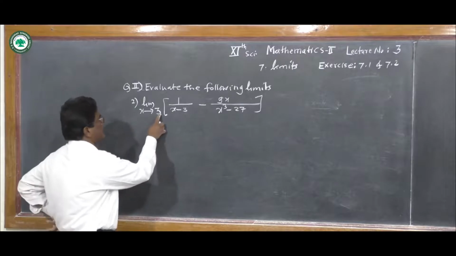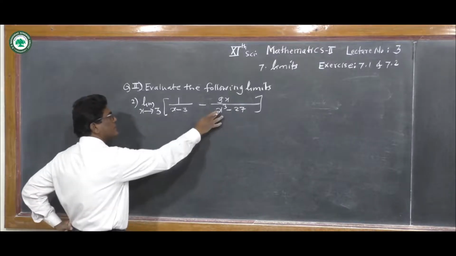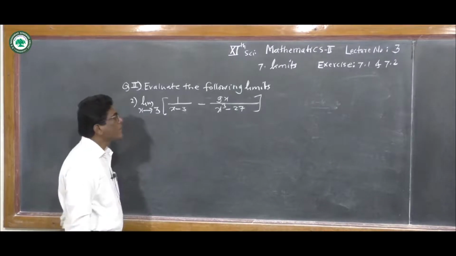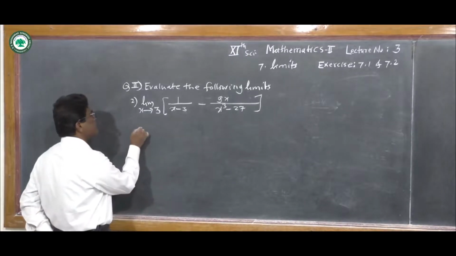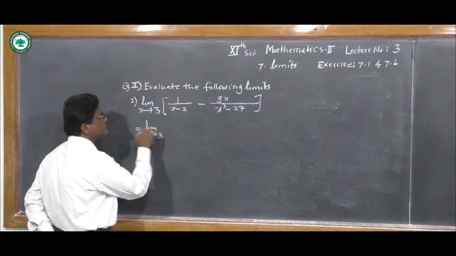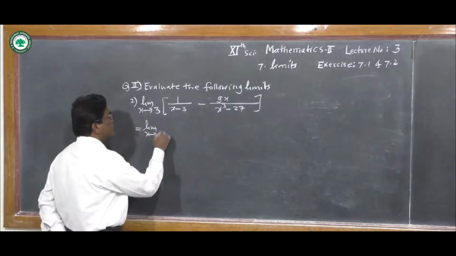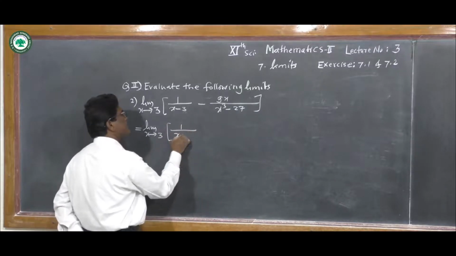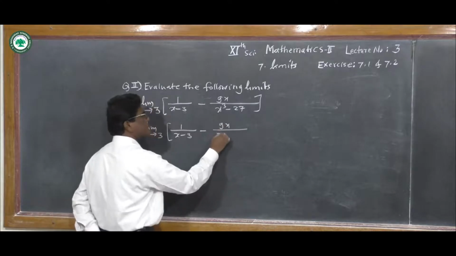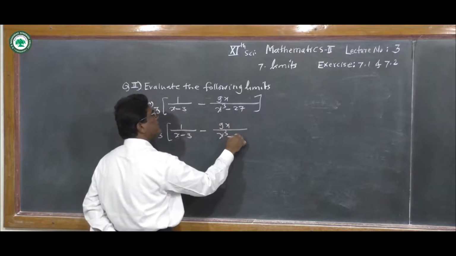Here if we put x as 3, 3 minus 3 is 0, here also 3 cube, that is 27 minus 27, 0. So we write this as limit as x tends to 3, 1 upon x minus 3 as it is, minus 9x upon, we write this x cube minus 27 as 3 cube.